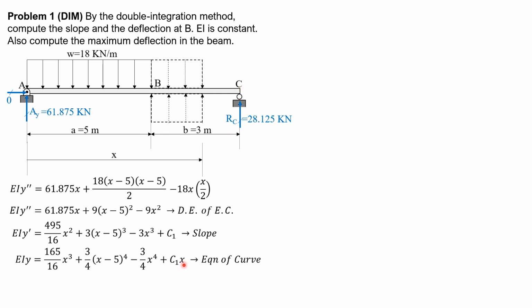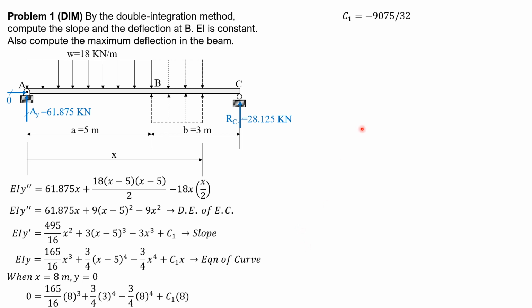Substituting into this equation: 165 over 16 times 8 cubed plus 3/4 of 3 to the fourth, because 8 minus 5 is 3, minus 3/4 of 8 to the fourth plus c sub 1 times 8. Then solving for c sub 1, c sub 1 is negative 9075 over 32.